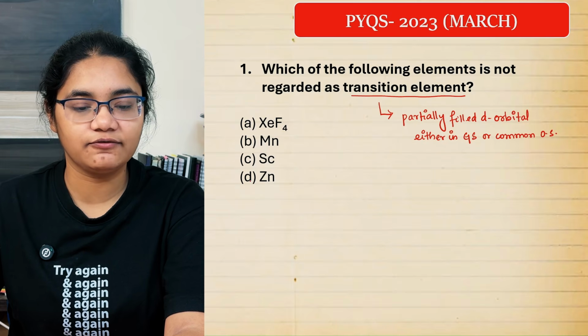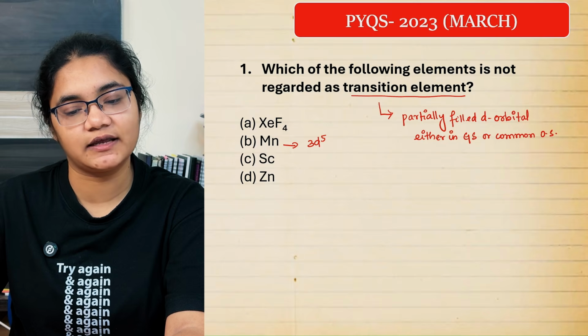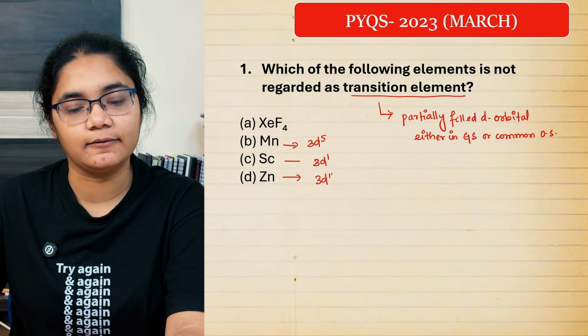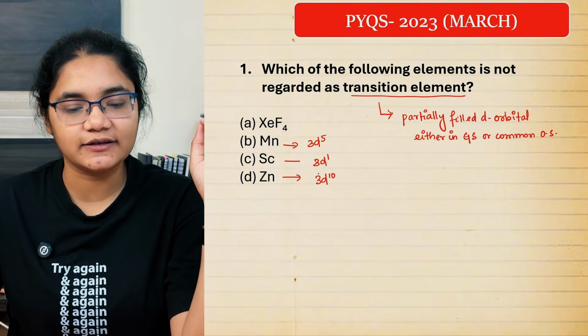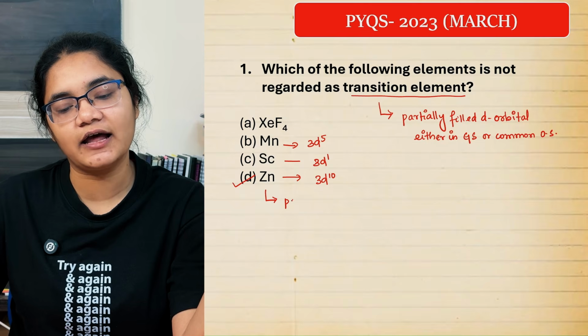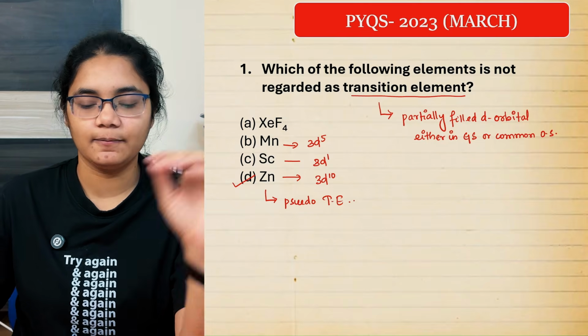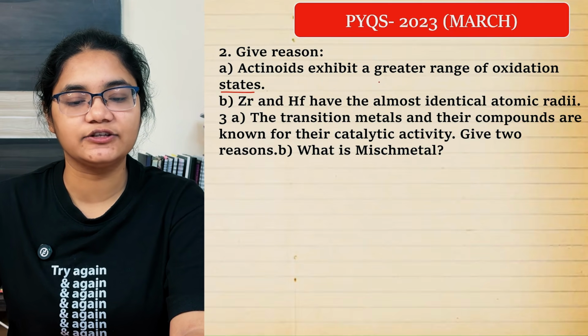Now if you see, manganese has an electronic configuration of 3d5, which has unpaired electrons. Scandium is 3d1, and zinc is 3d10, in both common oxidation state and in the ground state. So it has no unpaired electrons, so this is not a transition element. In fact, this is regarded as a pseudo transition element.